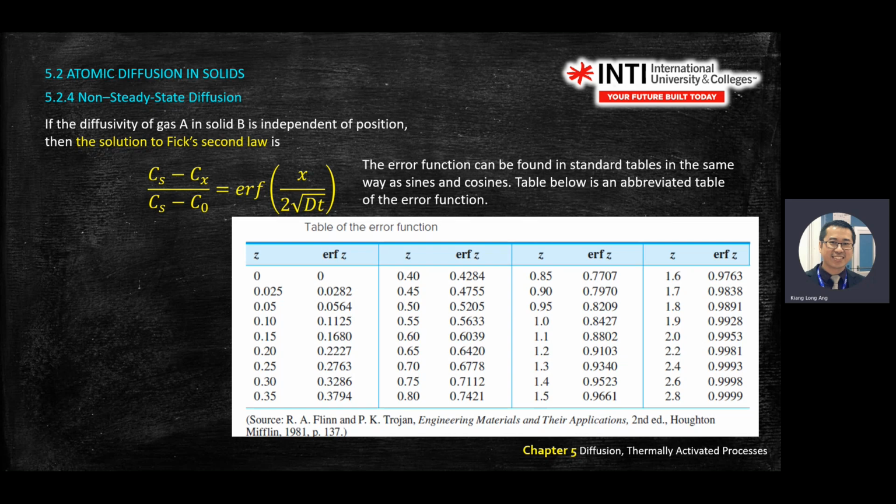Sometimes your Z will be between two values, for example 0.58 and 0.59. You need to interpolate between them. That one is the mathematics part already. If you don't know how to do interpolation, go home, ask Google how to do interpolation.